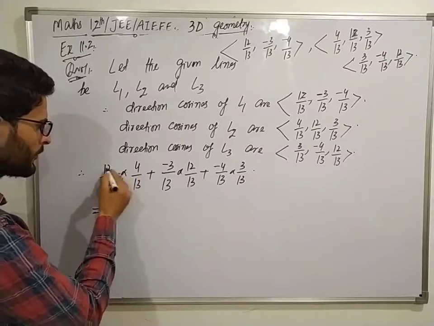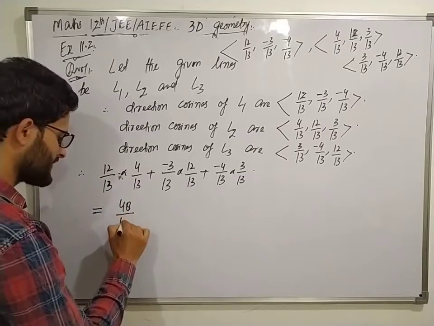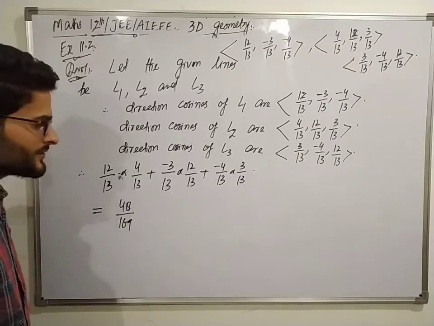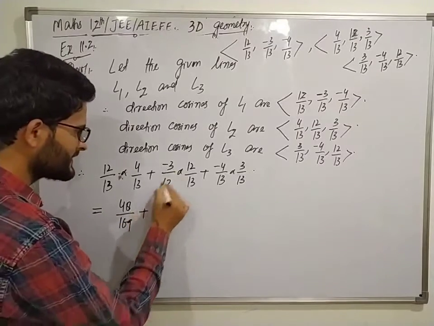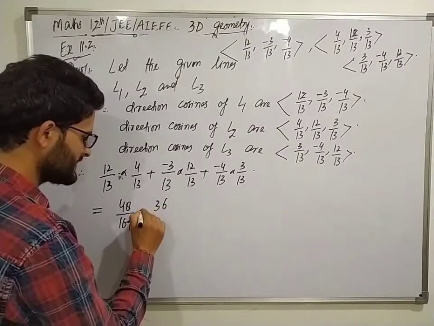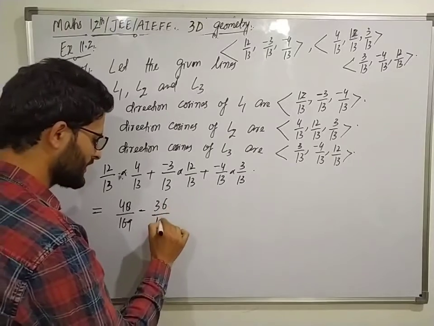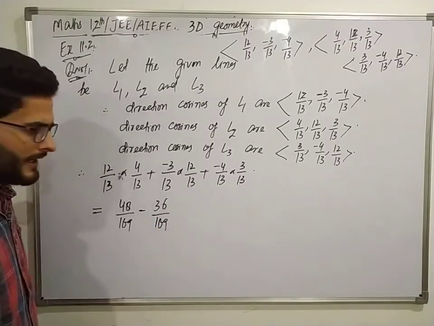That's equal to 4 12s are 48 divided by 13 into 13, that's 169, right? Plus into minus is minus. 3 12s are 36 divided by 13 into 13 is again 169. Clear?